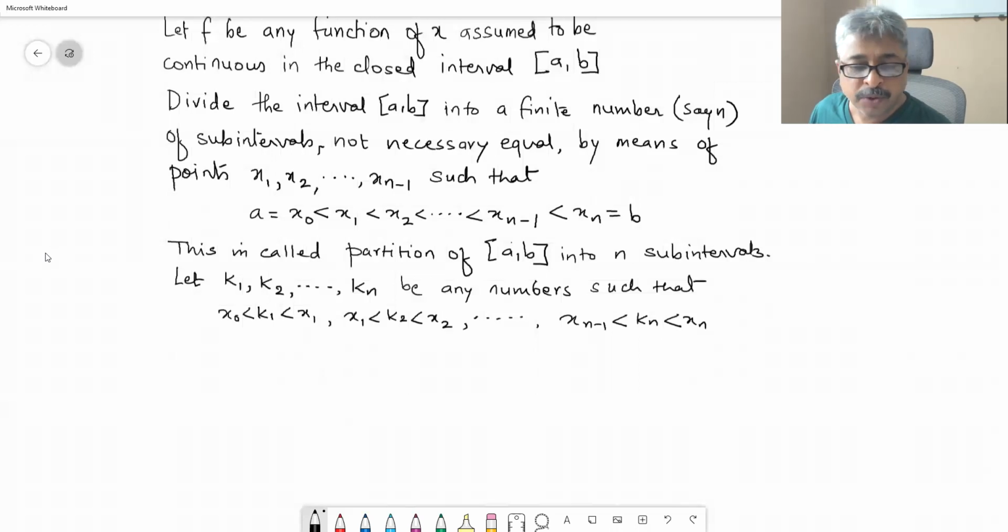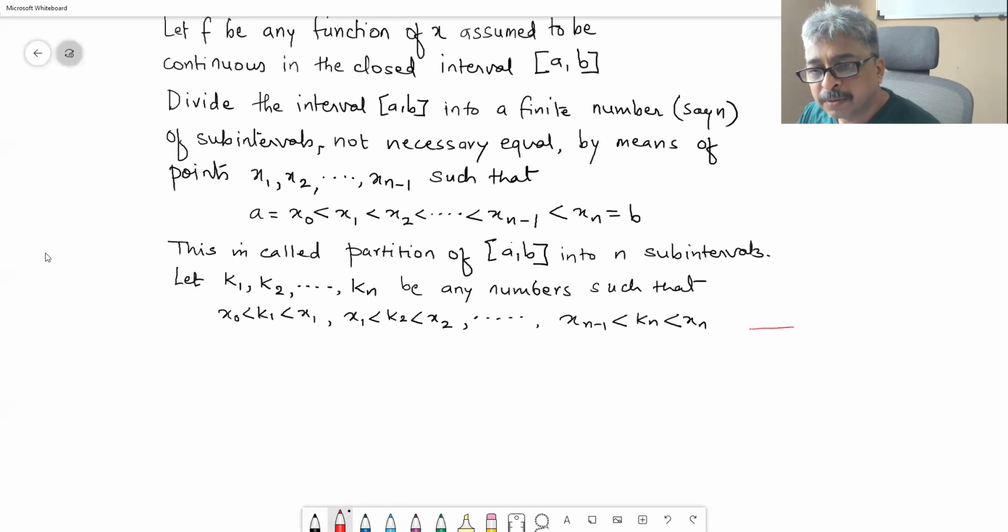Okay, so what are we doing so far? Let me explain. So these are values of x. Suppose you have a somewhere here and b somewhere here.